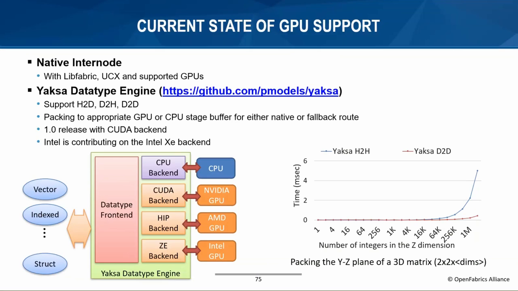On the right-hand side, this is a comparison of the performance of using the GPU to drive packing versus using a CPU. So this is the current state of the GPU support on non-contiguous data. And by the way, this has already been merged in MPICH, so if you check on master, it is already there. Next slide, please.